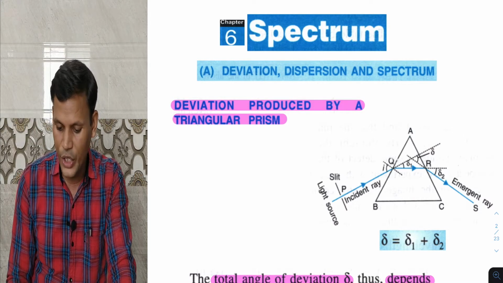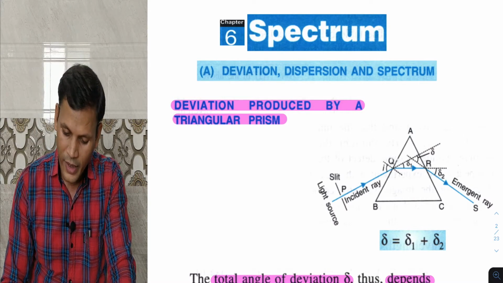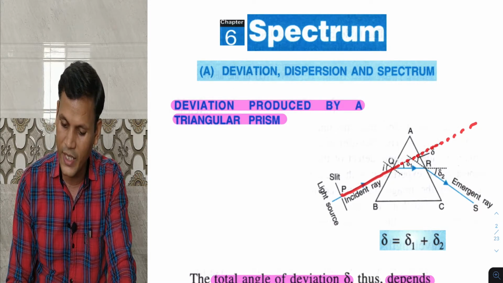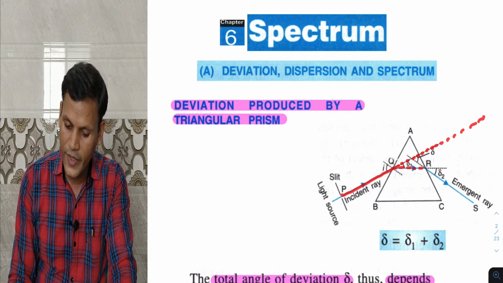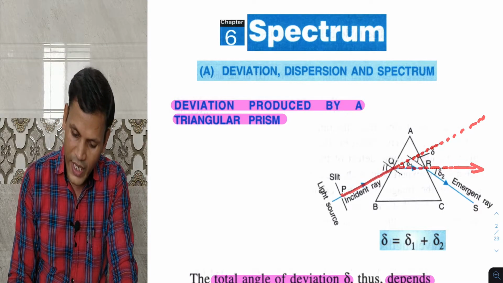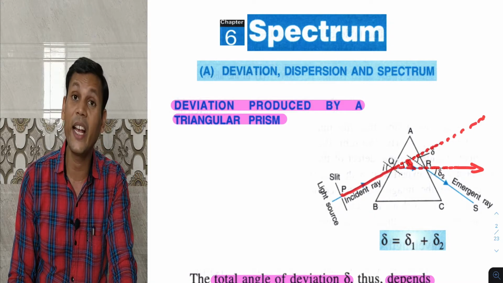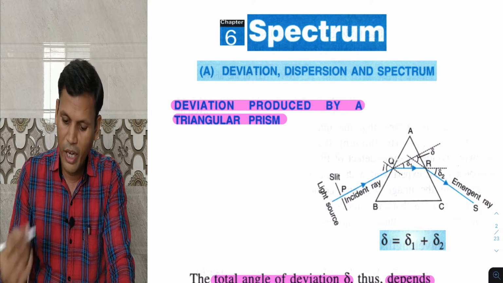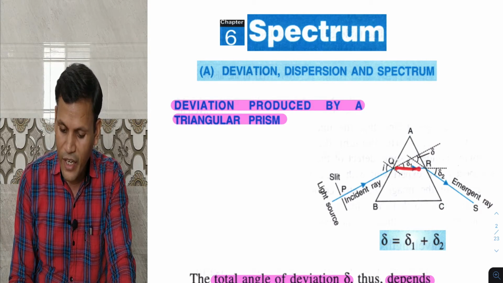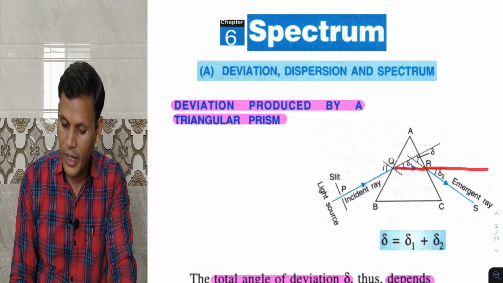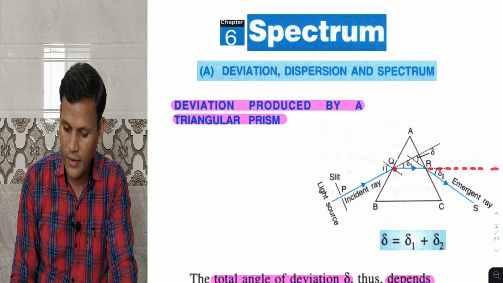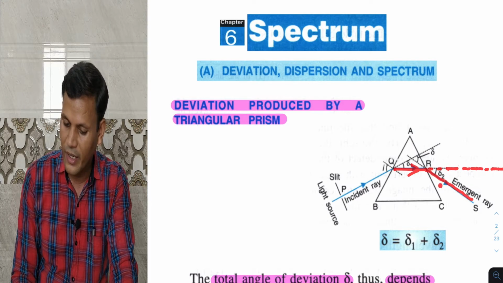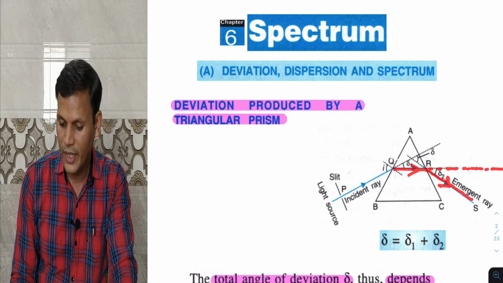So what are the deviations we are observing? This ray is incident on this surface, its actual path should be like this, but it bent towards this one. So this angle is the angle of deviation, delta 1. Now, as light enters from glass to air, its actual path should be like this, but it is refracted and the emergent ray comes over here.